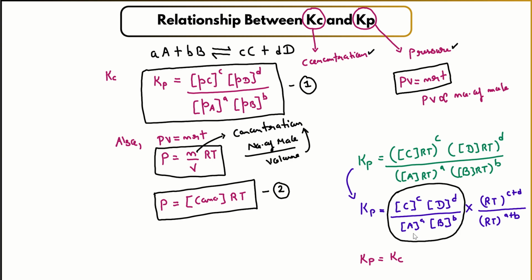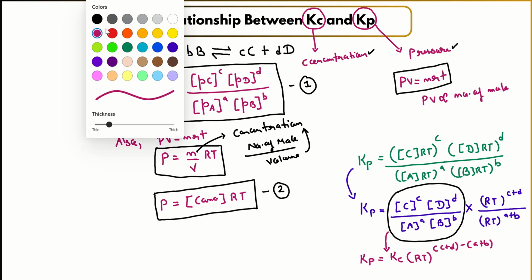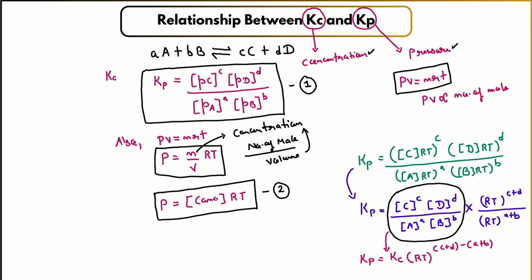So this expression I am writing down as Kc, and I am taking RT raised to the power (c plus d) minus (a plus b). And we know that c plus d are the number of moles of product, and a plus b are the number of moles of reactants.